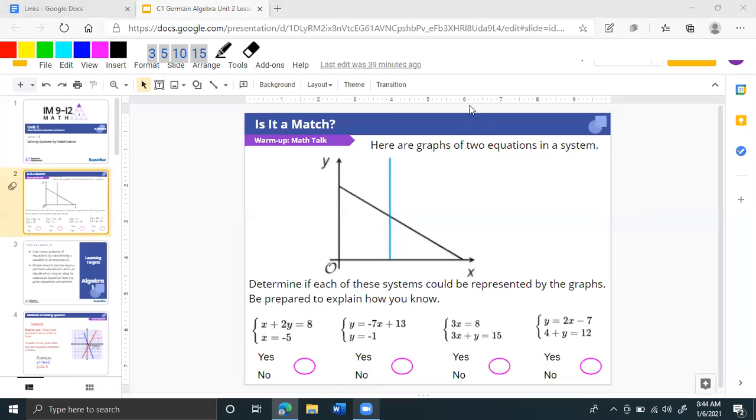Okay, so I think this guy might have been a little bit challenging for some of us. So let's take a look at what this guy is saying. If we're looking at this first set of systems of equations right here, we have this equation of x plus 2y is equal to 8.